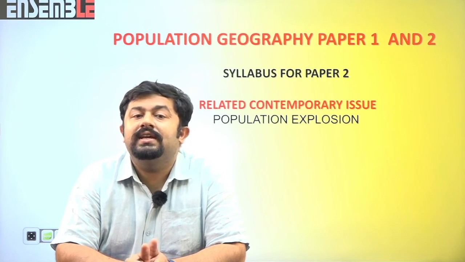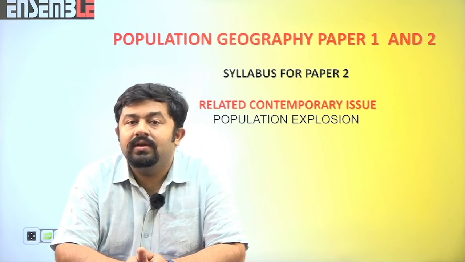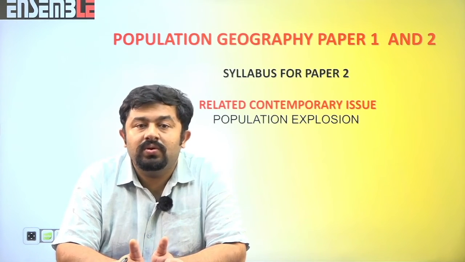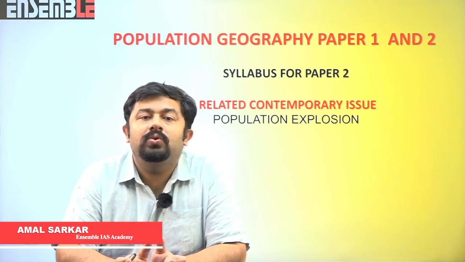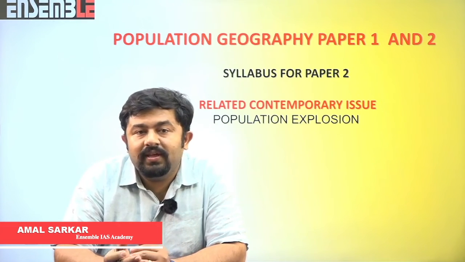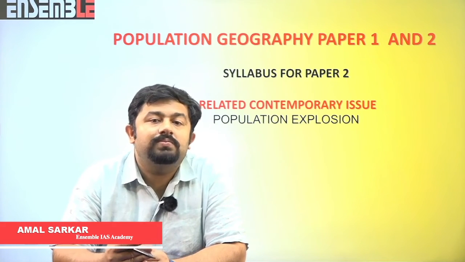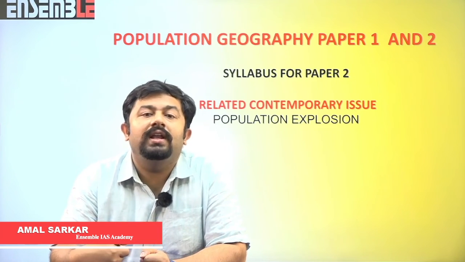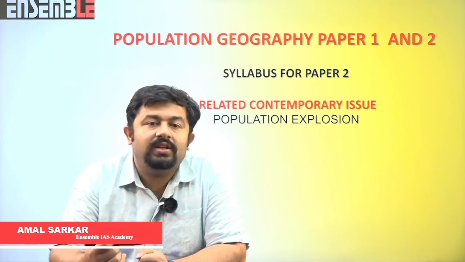Presently it is in stage 3 according to this theory. So there has been a population explosion in stage 2. When there is a population explosion, a question will be asked on what the effects of this population explosion will be on different dimensions: at the economic level, at the political level, at the cultural level, at the social level.